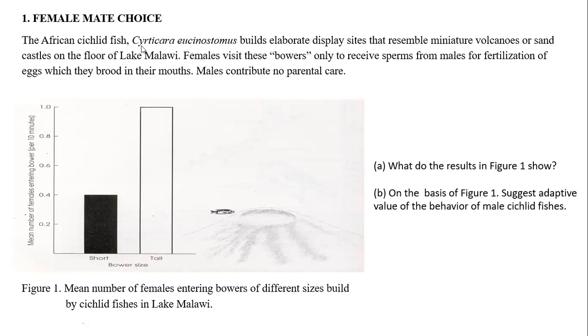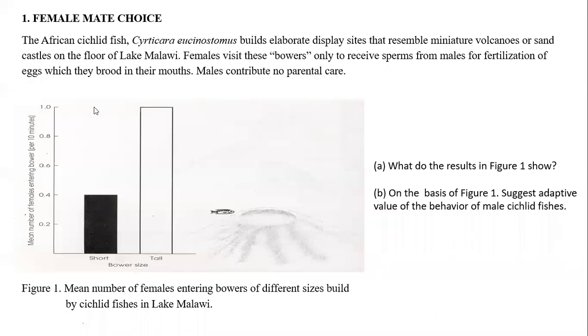The African cichlid fish builds elaborate display sites that resemble small volcanoes or sand castles on the floor of the lake. Now, females visit these castles or bowers only to receive sperm from males for fertilization of the eggs which they brood in their mouth. The males contribute no parental care.